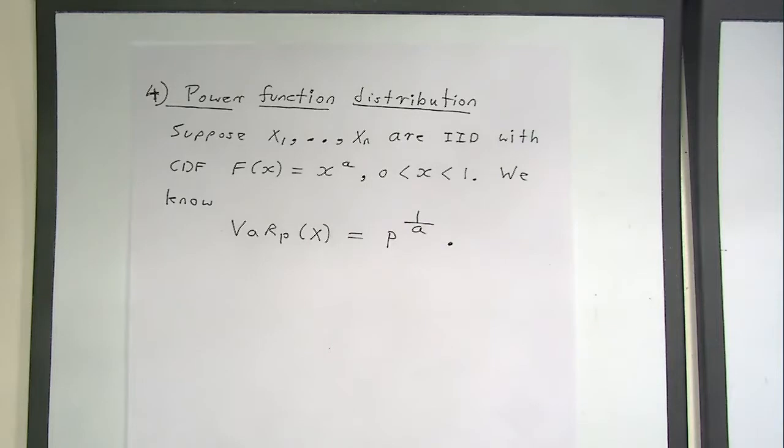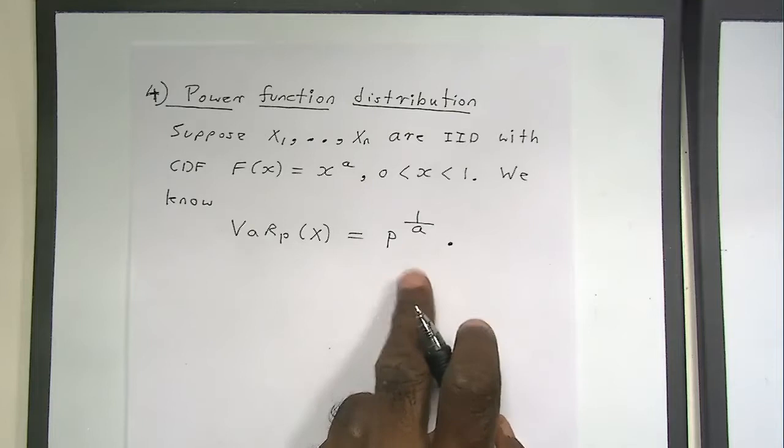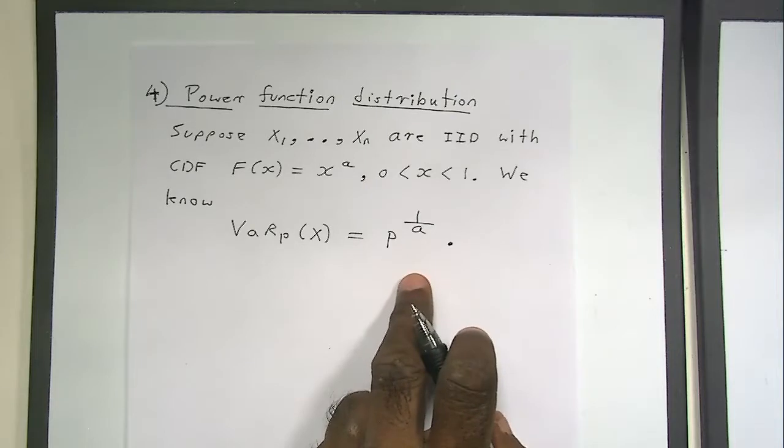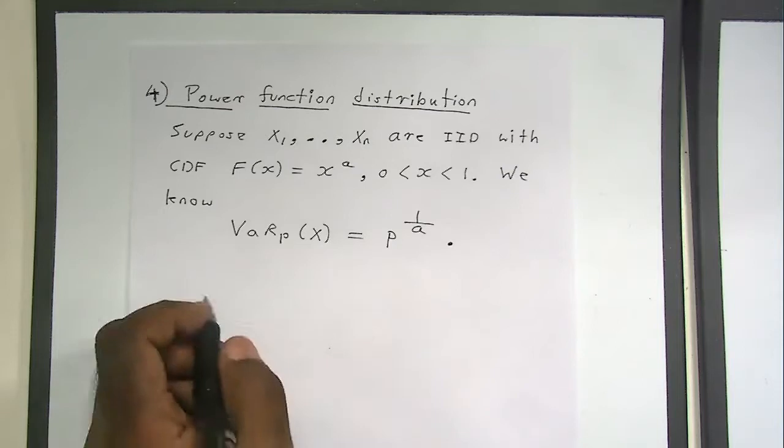This is the formula for VAR. Okay. Now we need to find the maximum likelihood estimator of this. In order to do that, we need to find the MLE of A, right?